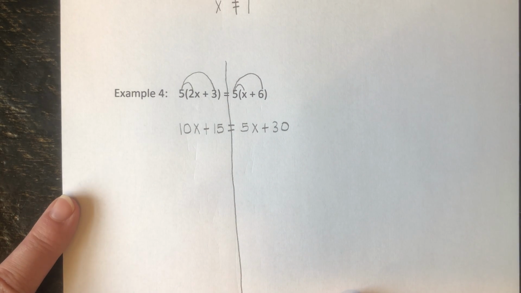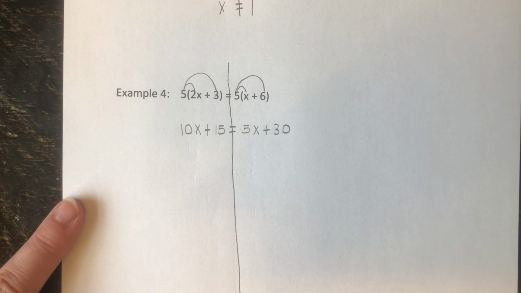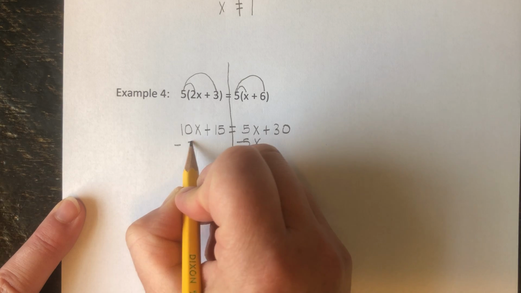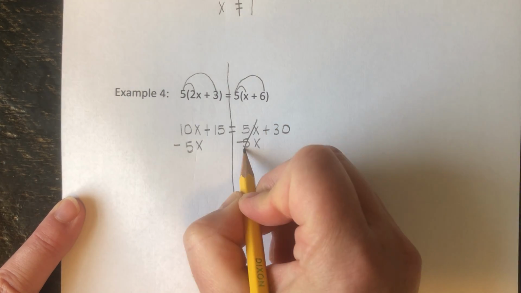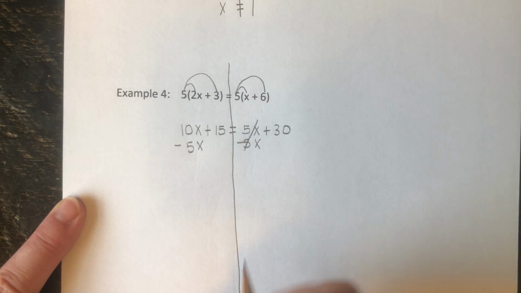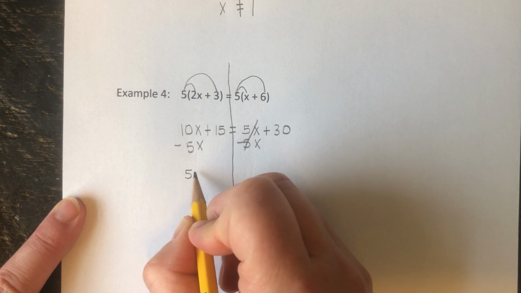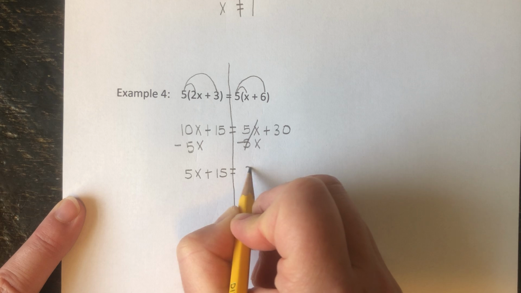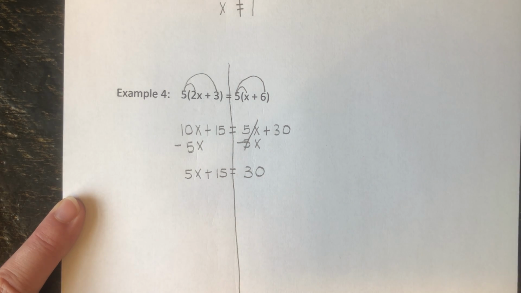Just like the other 3 problems, I want to get the x's on one side. So I'm going to subtract my 5x on both sides. Cancel on the right. 10x minus 5x leaves me with 5x plus 15 equals 30.